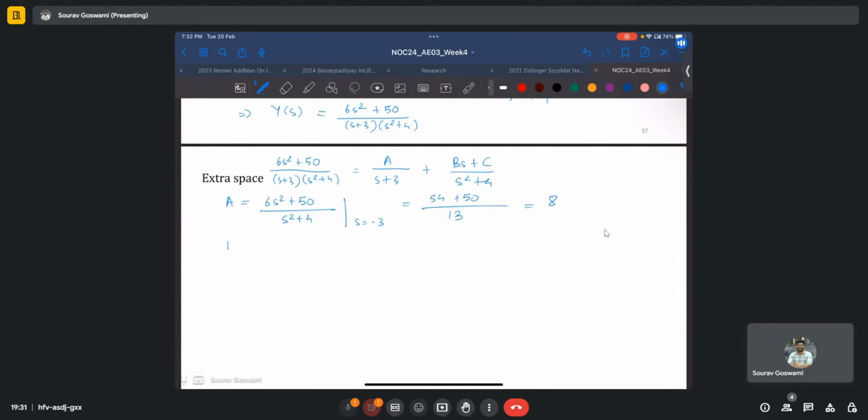B cannot be computed in a straightforward fashion, so we'll have to multiply out the terms and compare the coefficients.